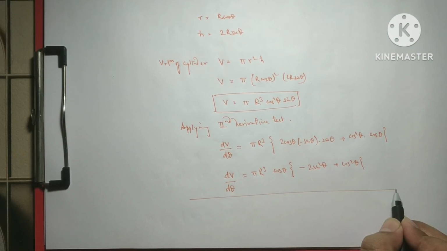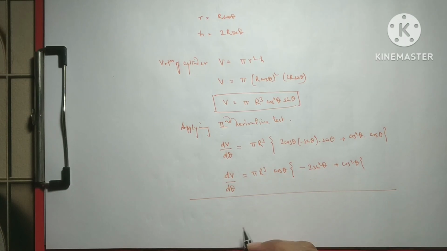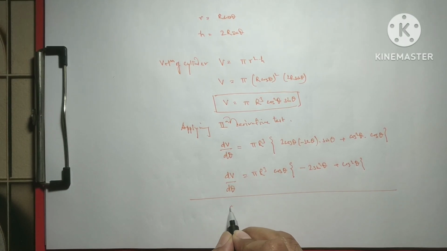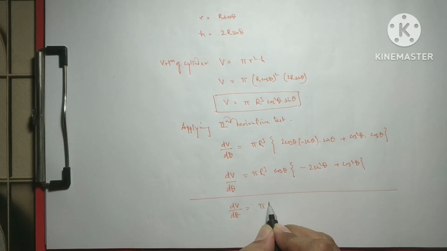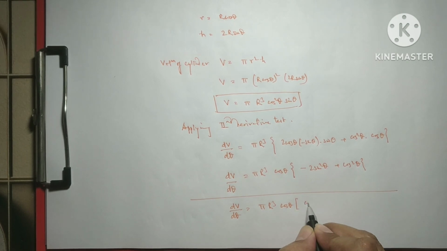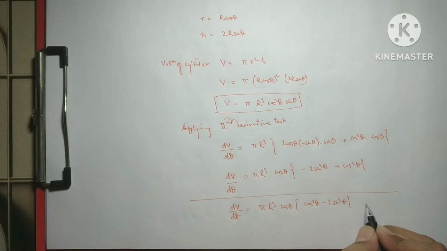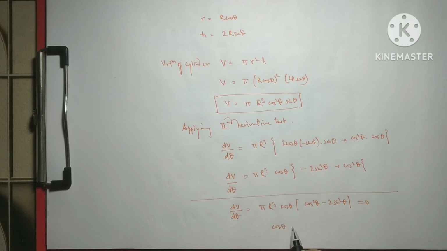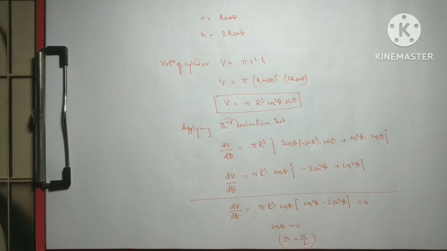Now next step, we put it equal to 0. So dV over d theta means pi r cube cos theta times cos square theta minus 2 sine square theta equals 0. So the values: cos theta equals 0, so theta is pi by 2, which is not accepted, otherwise the cylinder will not be formed.